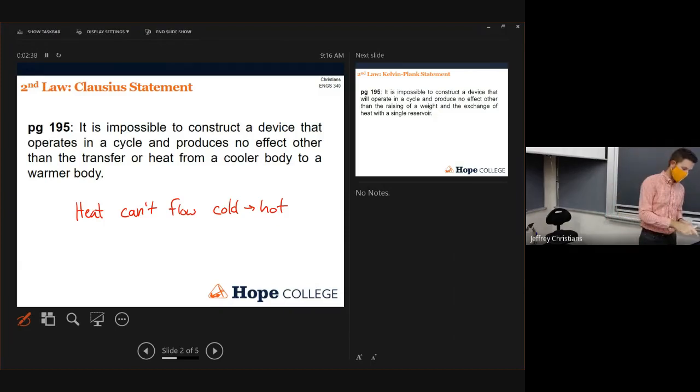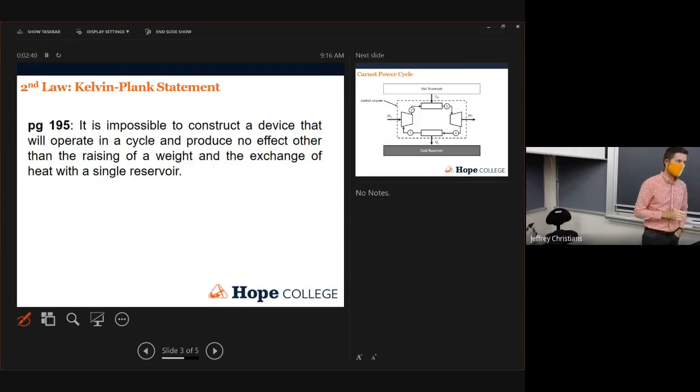There's another version, another definition of the second law. These came about independently, and it was only after some time that people realized that these are kind of the same thing. The Kelvin-Planck statement is: it is impossible to construct a device that will operate in a cycle and produce no effect other than the raising of a weight, work, and the exchange of heat with a single reservoir.